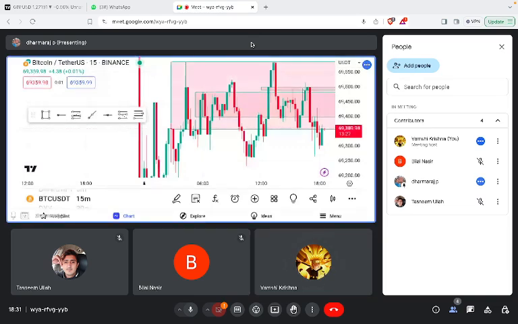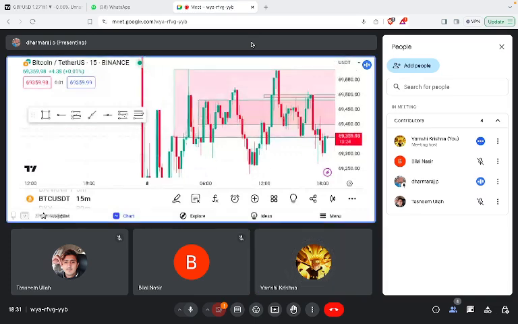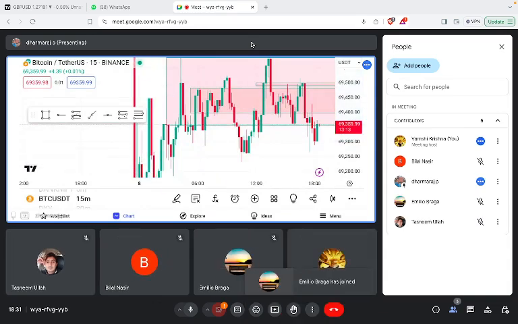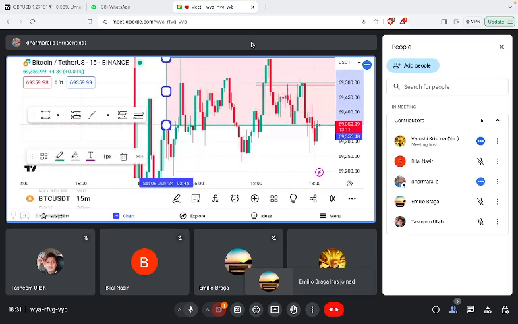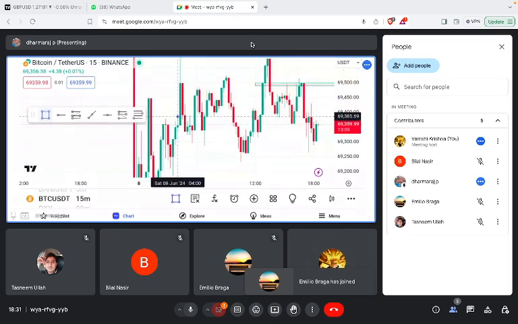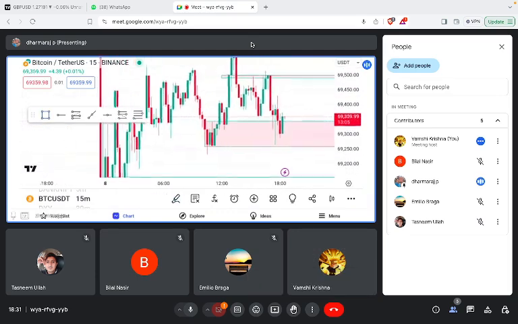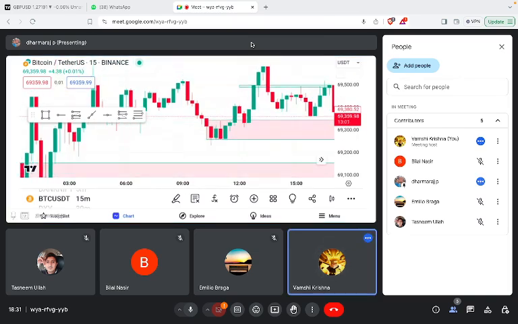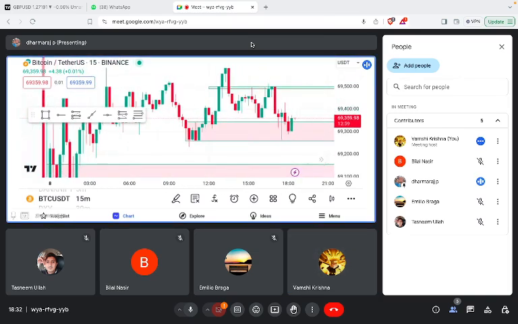Yeah, it should break outside the zone. It has to close outside the zone. Okay, now I understood. Right. Very good. So this one, engulfing buy meets engulfing buy. That's correct. Okay, now I have it clear.